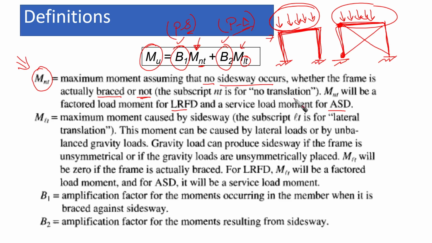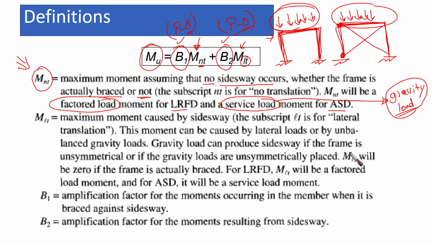But remember, this load that we are talking about, service load or factored load, it is related to what? The gravity load only. It is not related at all to any translational load.